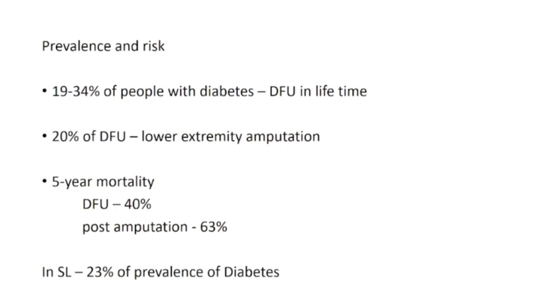And 19 to 34% of people with diabetes will have a diabetic foot ulcer in their lifetime. And 20% of diabetic foot ulcers end up with lower limb amputations. And 63% of these post-amputees die within 5 years. And 40% of people with diabetic foot ulcers die within 5 years.